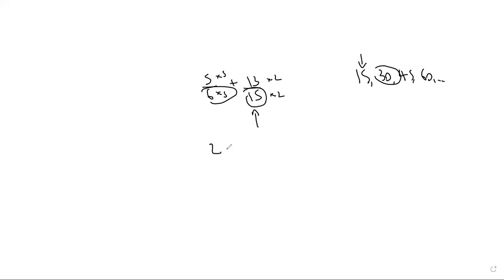So this will be 25 over 30 plus 26 over 30, which is 51 over 30. And is that reducible? That's a tough one. Is 51 a prime number, or, let's see, maybe 17 goes into 51. I'm just curious now.